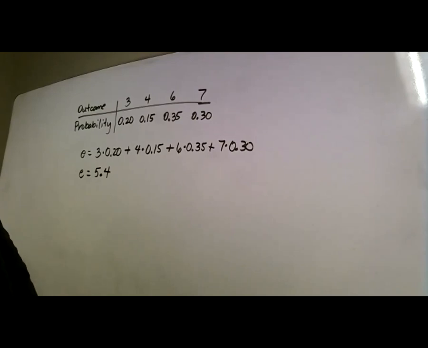So the expected value here for that 4-sided die would be 5.4.